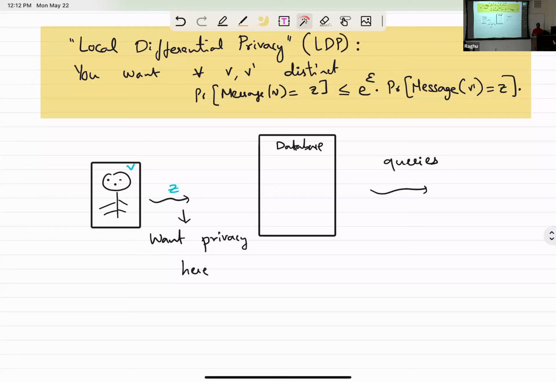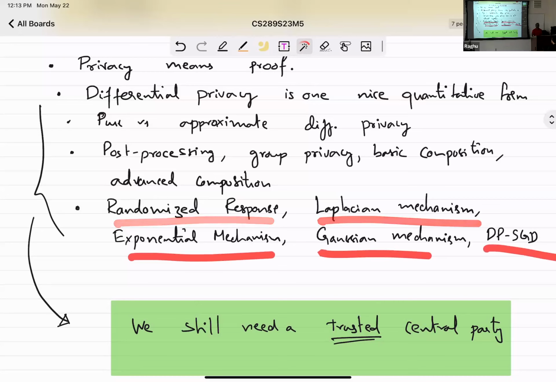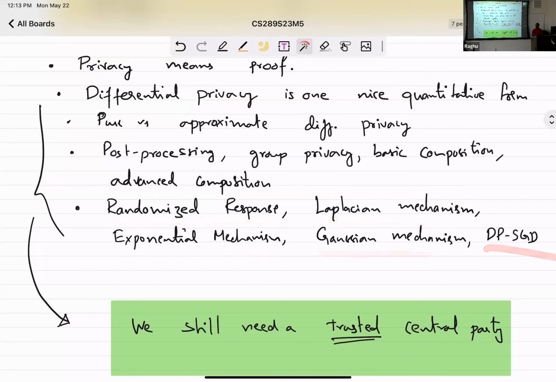Okay. Can you think of an example of an algorithm that we did which fits into this framework? We saw something which actually satisfies local differential privacy and not just pure differential privacy or approximate differential privacy. Any guesses on what that might be? Which of these 5 actually could satisfy local differential privacy? Yeah. Randomized response, right? Because each person is really just corrupting the data and sending it across.